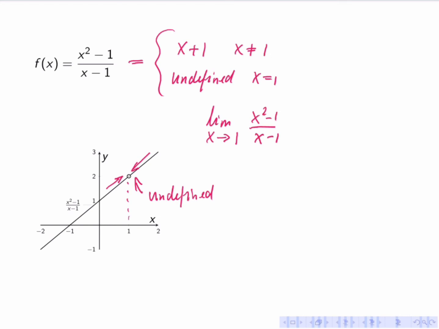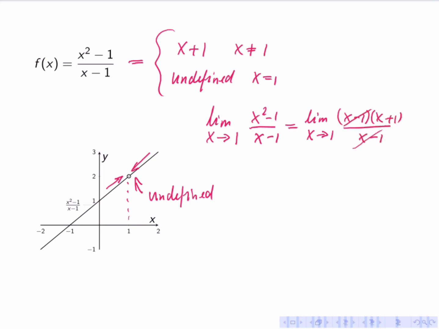We can write limit x to 1, x squared minus 1 divided by x minus 1. And here we can do the same trick as before, because in the limit x is actually not equal to 1. So we can write x minus 1, x plus 1 divided by x minus 1.